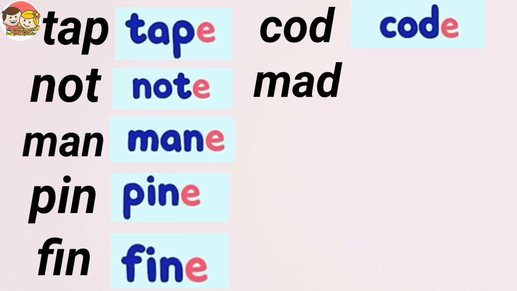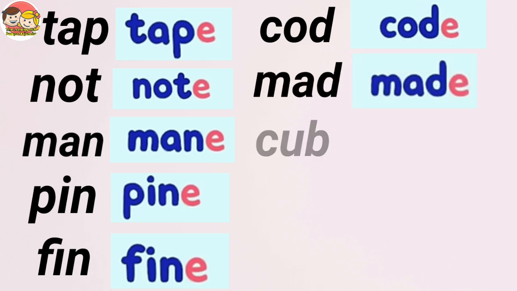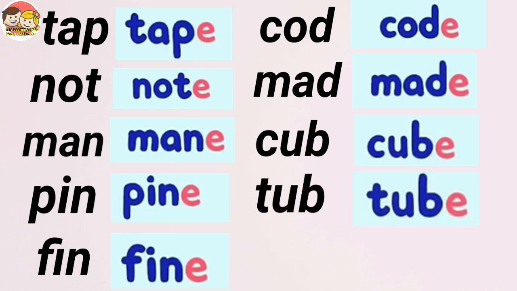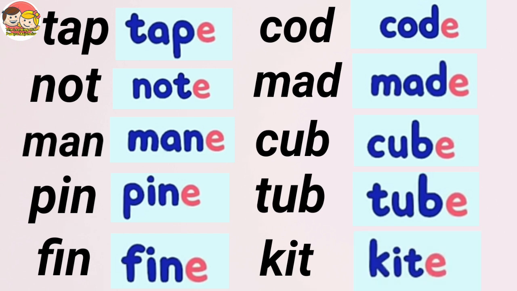Some examples are tap, tape, not, note, man, main, pin, pine, fin, fine, cod, code, mad, maid, cub, cube, tub, tube, kit, kite, etc. So these are the words that have a magic E or the silent E at the end of the word, and it is silent.